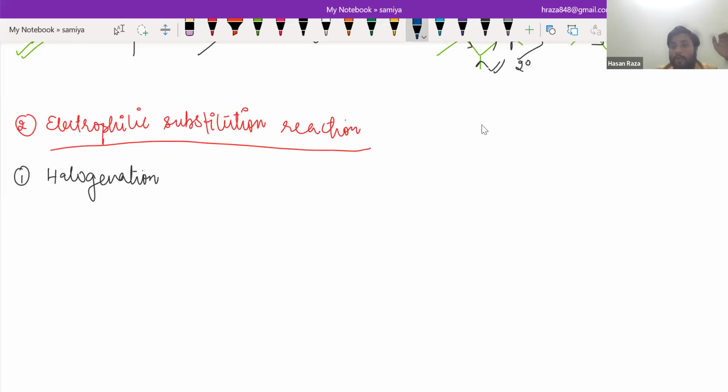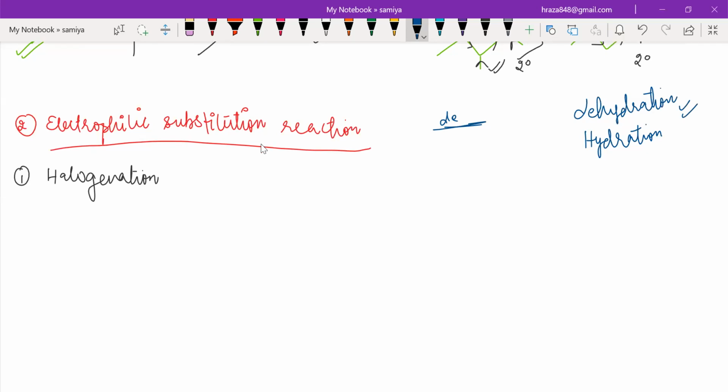Dehalogenation: whenever there is a D before any term, that will be removal. Like if we have hydration, that means addition of water, and if we have dehydration, that means removal of water. Are you getting my point? So if I'm telling you chlorination, can you tell me what it means? So addition of chlorine.